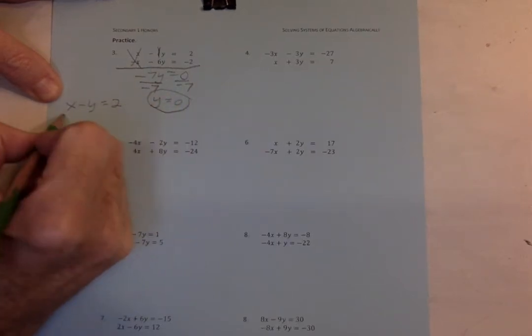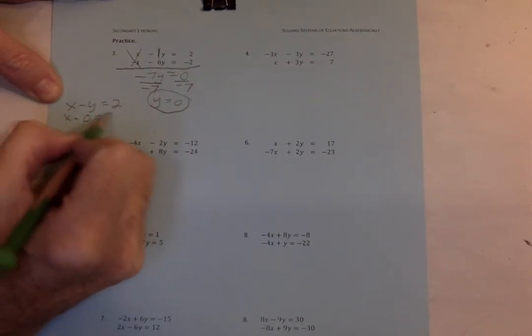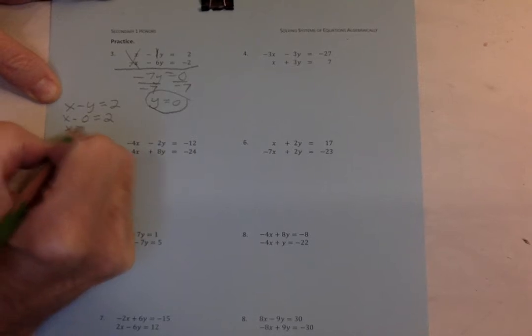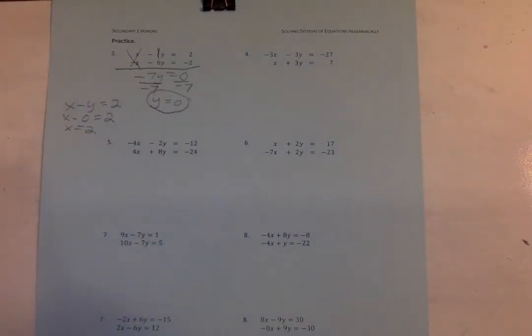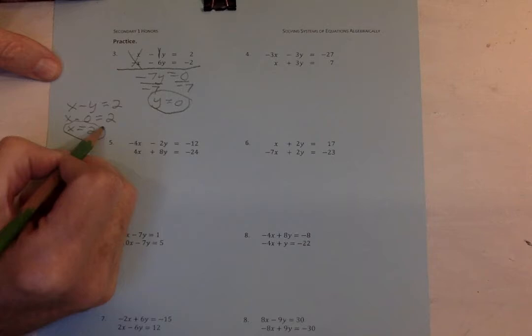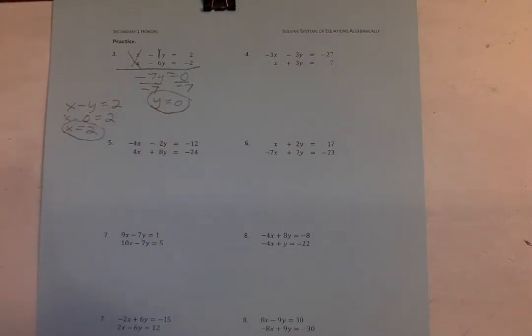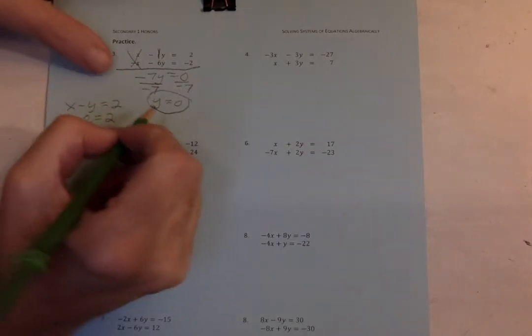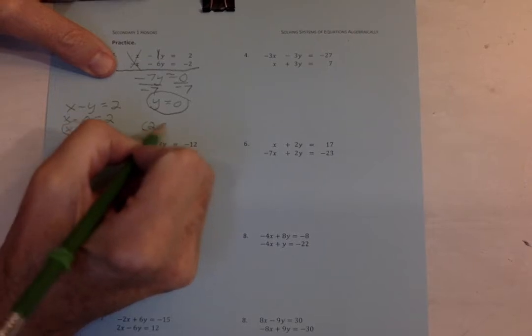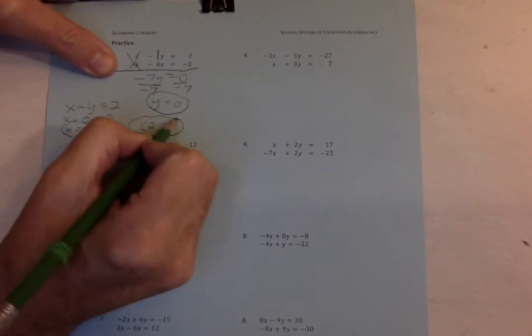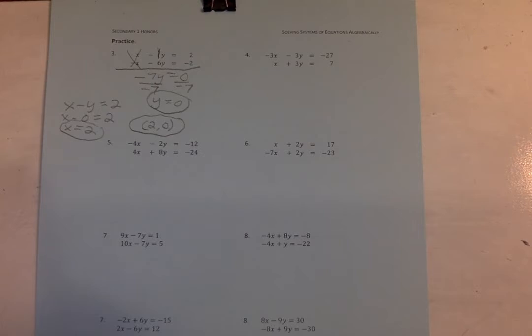So if y is 0, x minus 0 equals 2. So x equals 2. So then our solution on number 3 to the system of equations would be 2, 0. Again, we want to put them in ordered pair form with our x listed first and then our y.